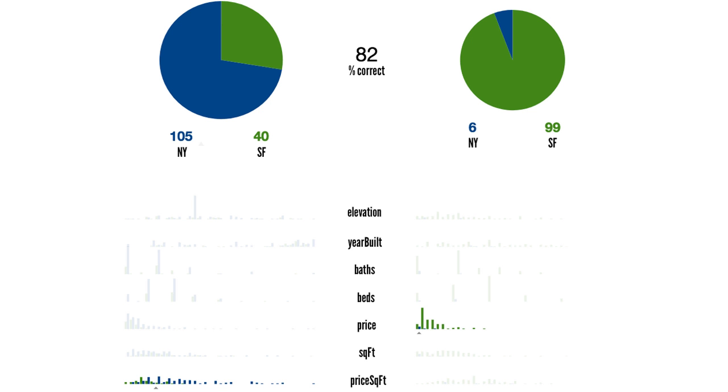The algorithm takes a top-down approach to splitting the data by looking for the feature that makes each subset the most pure. For lower elevation homes, price per square foot is the best feature for the next if statement. And for higher elevation homes, home price is the best feature for the next split.